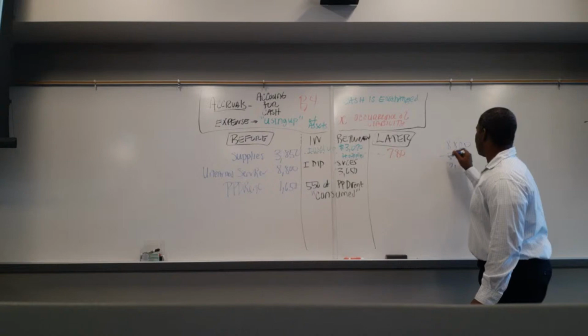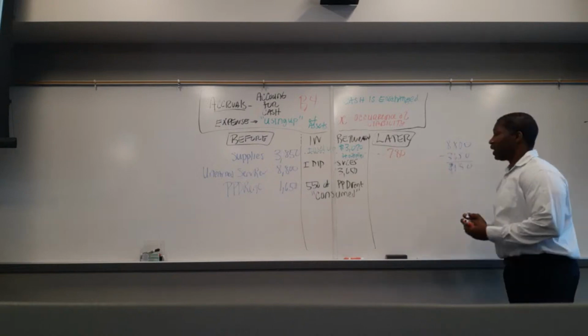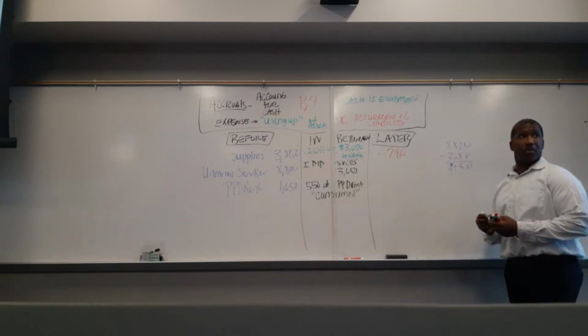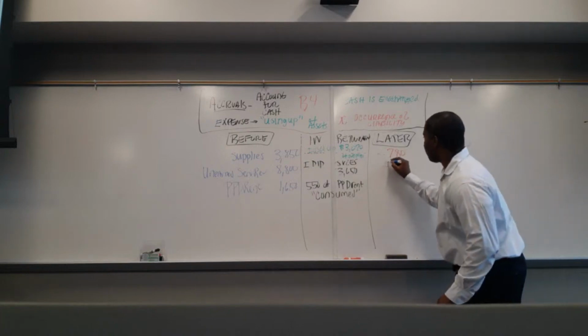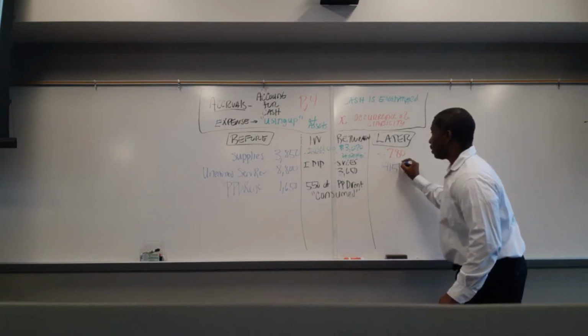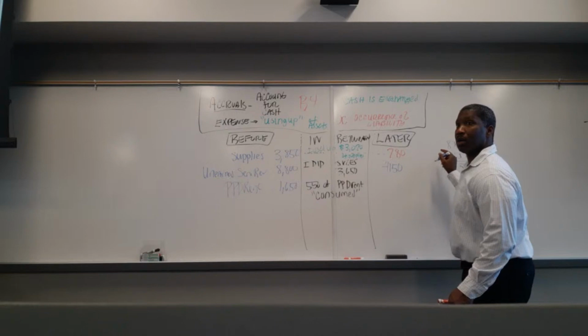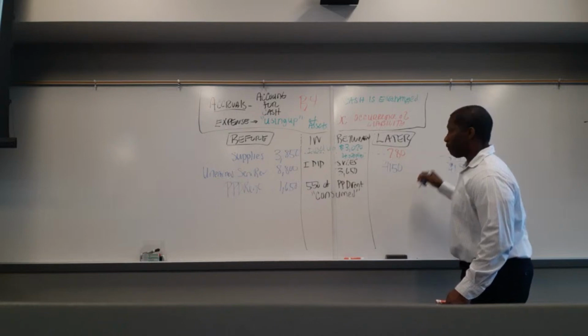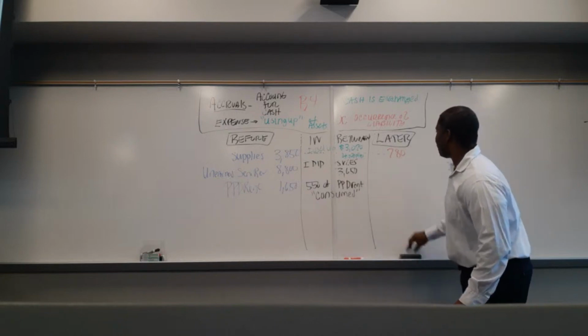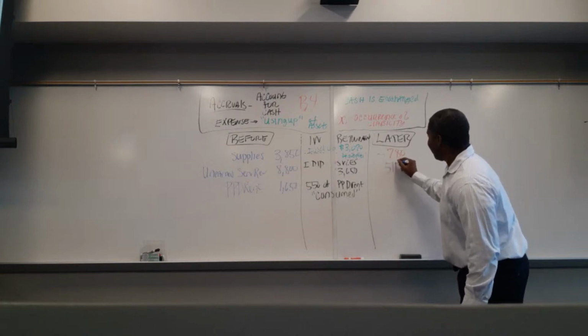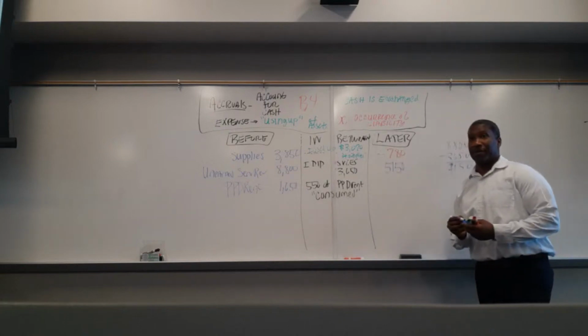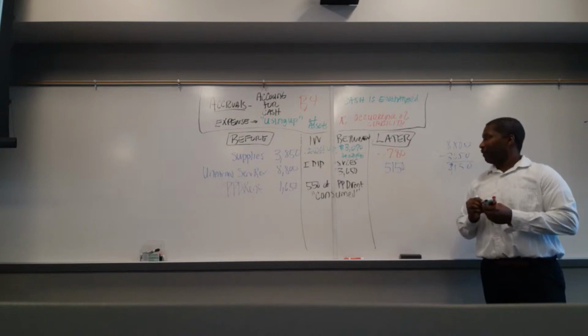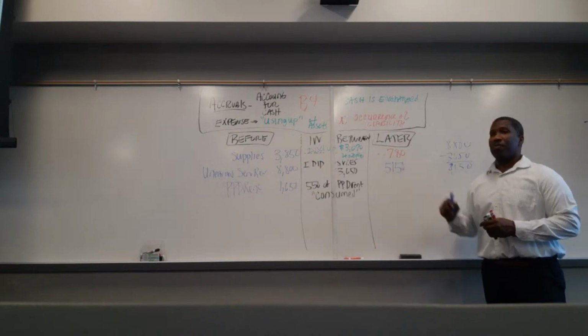That's wrong. 7 minus 3 is 4, 4,150. That's how much I should have in there, right? 8,800 minus 3,650 is 5,150. I told you I did it wrong. 5,150, right? Thank you. That's the true balance.